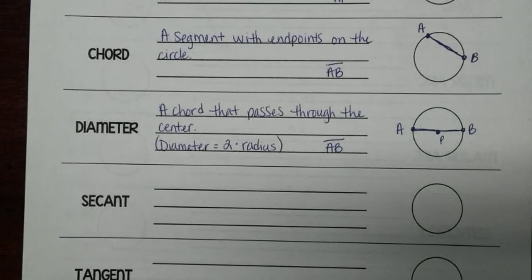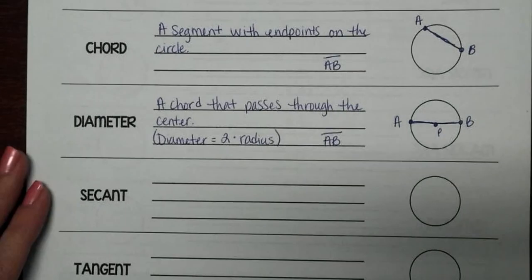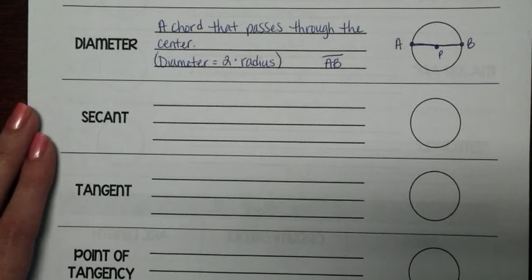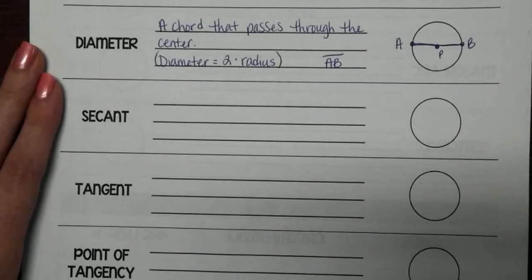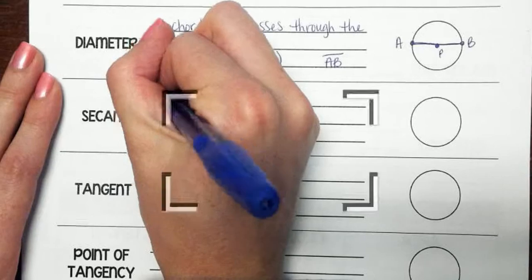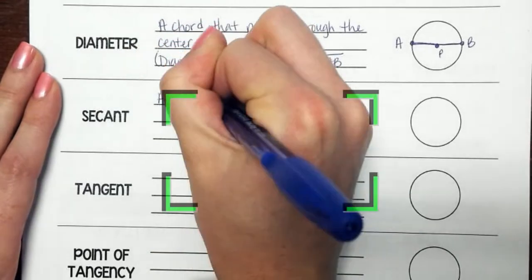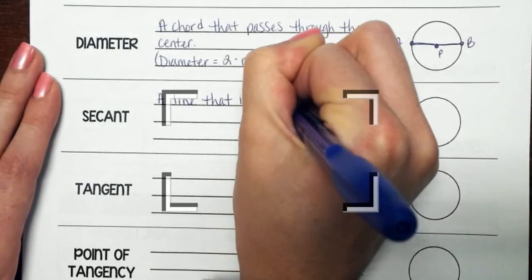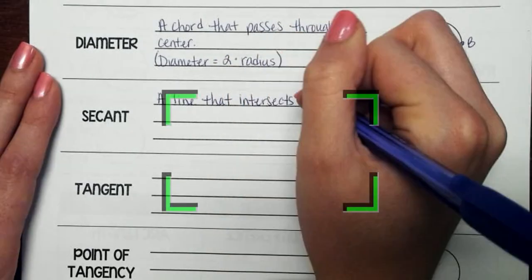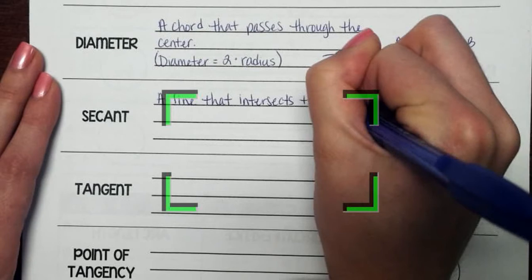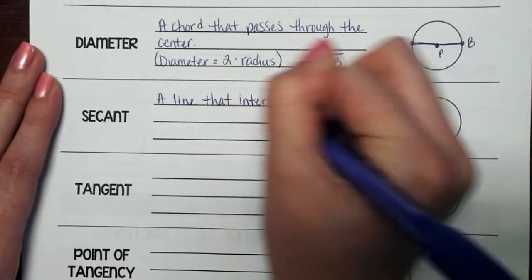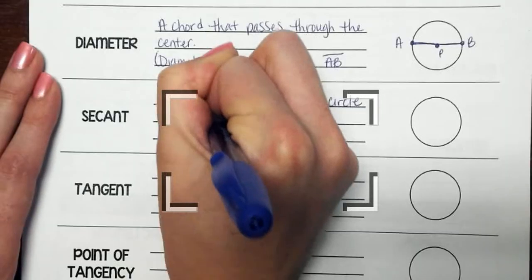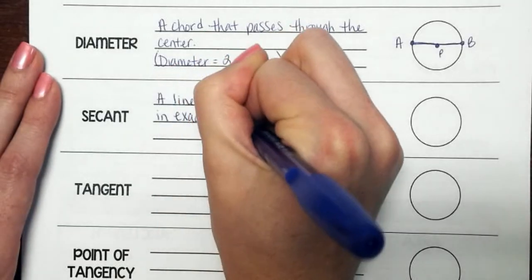Okay. Next definition is secant. Okay, so a secant line is a line that intersects the circle in exactly two places.